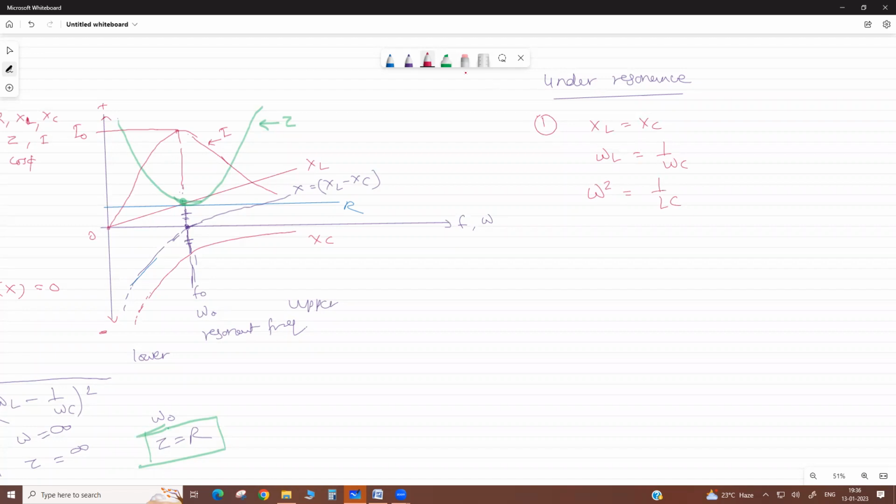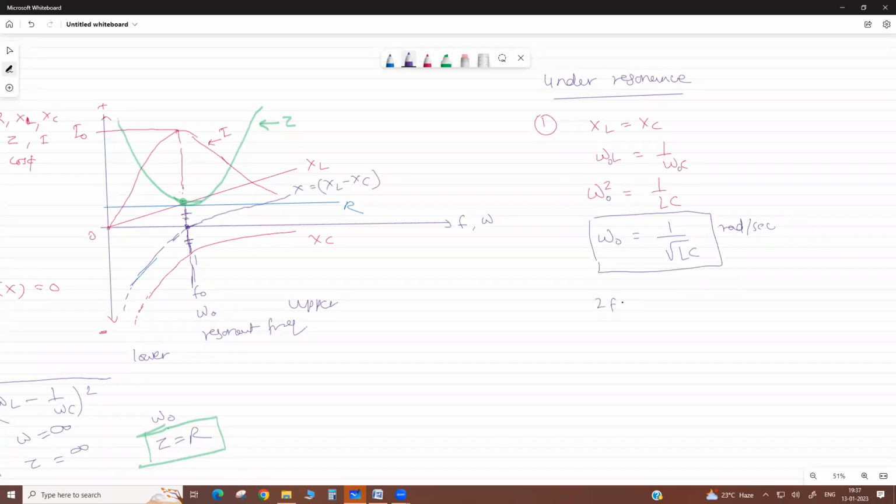This particular frequency is called omega naught. Then omega naught equals 1 by under root LC. This is in radian per second, your frequency of resonance.